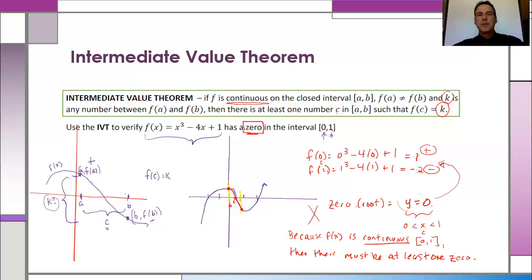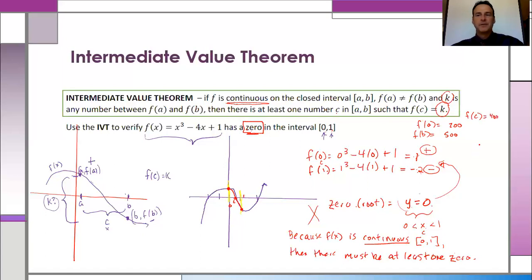Now keep in mind that they may not use a 0. Sometimes they'll make these in a case where when you plug in f of A, you get like 200, and when you do f of B, you get like 500. Instead of asking an original question where you have a 0, they'll say, verify that somewhere in your function you have f of C equal to, say, 400.